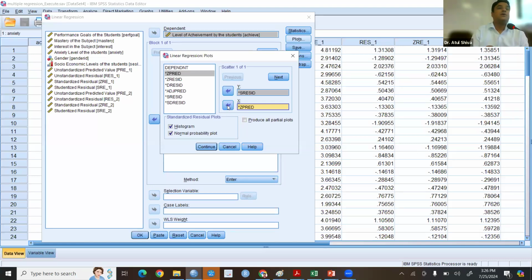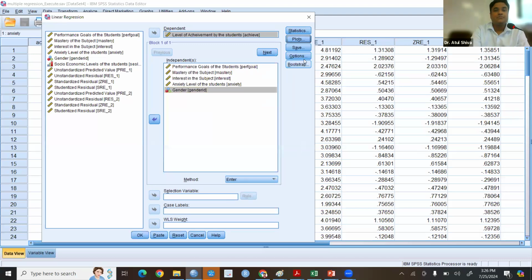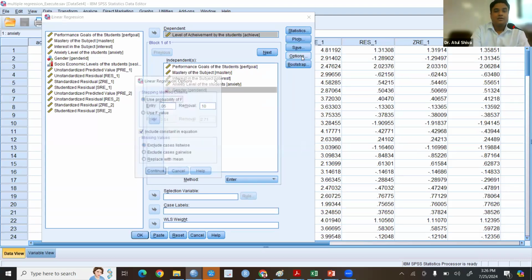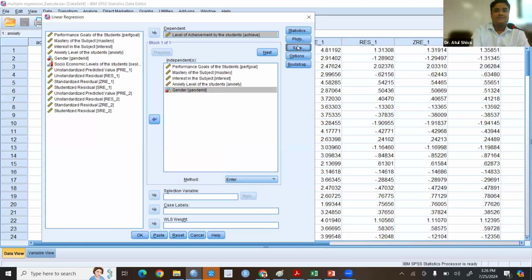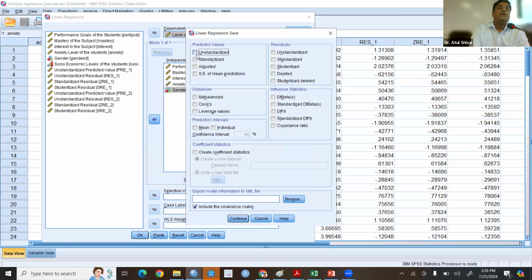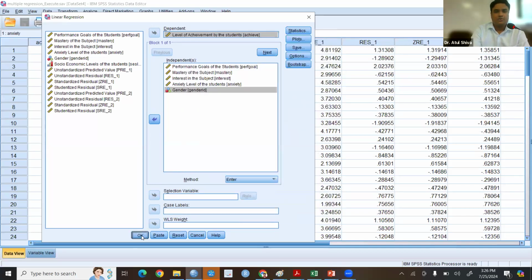So with this, you are going to get whether your residual is normally distributed or not. Go to continue. Options are okay. If there are no options, save. You need to save the predicted values, standardized and unstandardized, and both residuals. So click on OK.